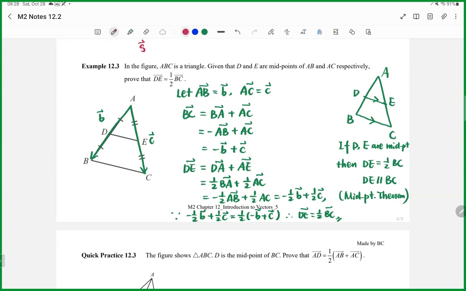In a lot of classic geometry problems, if you successfully express the line segments using vectors, sometimes the result is right in front of you. This is also why we need to study vectors, because they're so efficient in showing the relation between lines and angles.